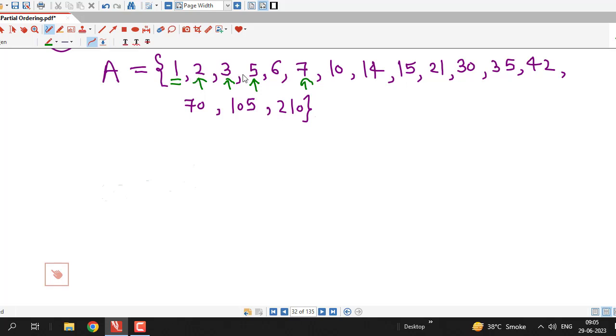So we will join all these 4 elements to 1 by line segment, and circles for them are above the circle for 1. So let me write these elements: 2, 3, 5 and 7. And all these elements are not related to each other. 2 cannot divide 3, 3 cannot divide 5, and 5 cannot divide 7.